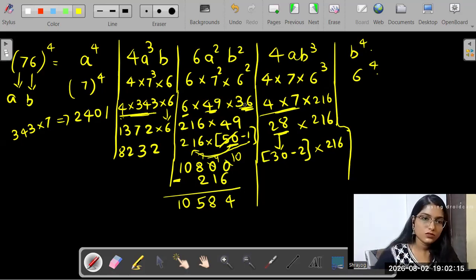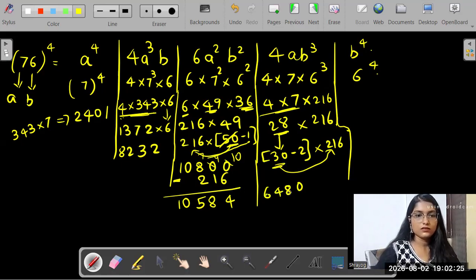Okay. So now 30 multiplied by 216 is how much? 6480. Now, after doing this, what is the sign in the bracket? It's a minus sign. So I'll put a minus sign over here. Then, what is the next term in the bracket? 2. So this 2 should also be multiplied by 216.